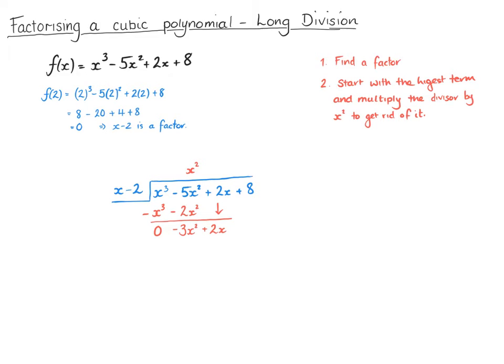Okay, so then, third step, we look now at the x squared term and pick what we need to multiply the factor by to eliminate it.